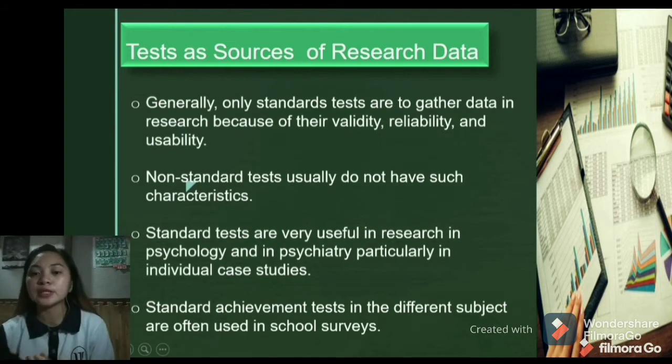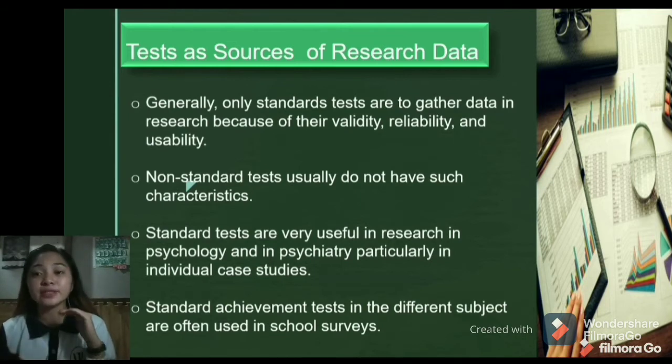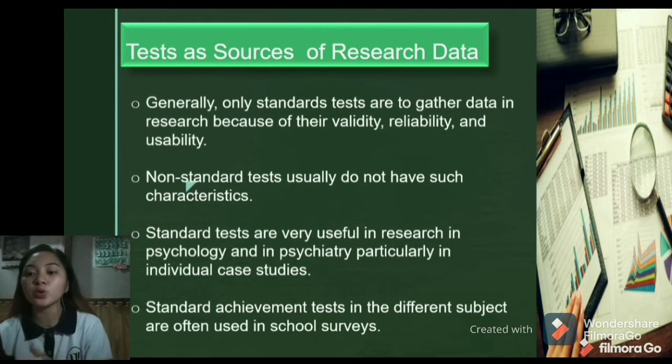For example, a teacher in geometry wants to find out the level of achievement of his students in geometry. The teacher administers to his students a standard test in geometry and his own teacher-made test. After that, he compares the results.